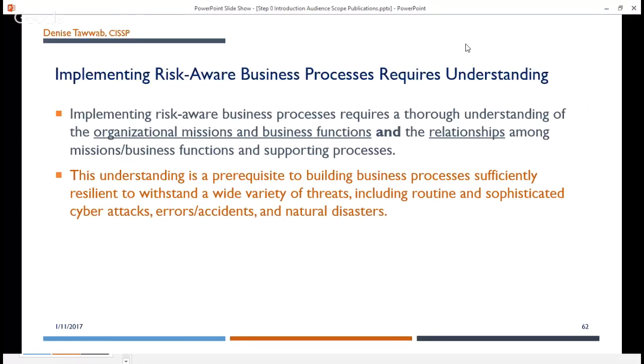And that's part of risk management, really understanding the business, what's being done, why it's being done, so that when you're looking at your processes, you can see the gaps as it relates to security, but you can make decisions that still support the business function. This understanding is a prerequisite to building business processes sufficiently resilient to withstand a wide array of threats, including routine and sophisticated cyber attacks, errors, accidents, and natural disasters.